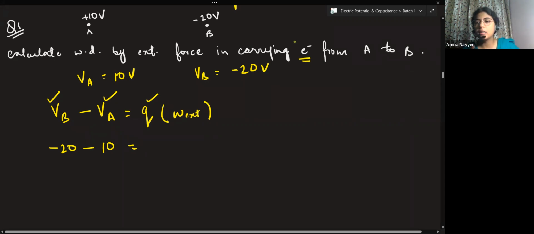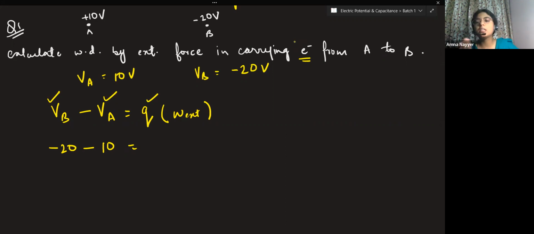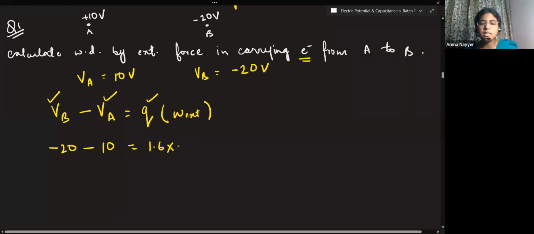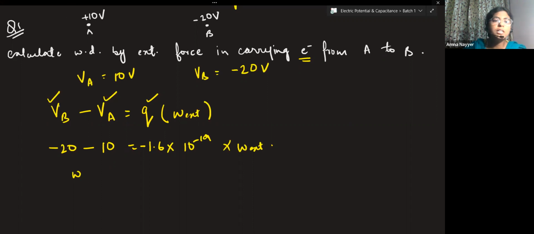See, charge you are taking, but charge on what? Charge on the particle which you are moving. And the particle over here is the electron. So charge on an electron, you know, it is 1.6 into 10 to the power minus 19. But as I've told you, in case of potential, you have to take the sign as well. An electron is a negative particle, negative entity. So you add minus 1.6 into 10 to the power minus 19 multiplied by work done by the external agent. So see, work, not charge, won't come over here. Charge will be with potential.